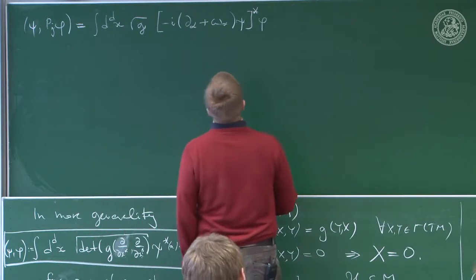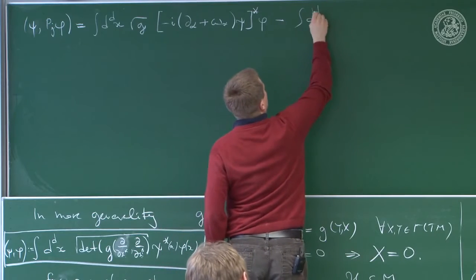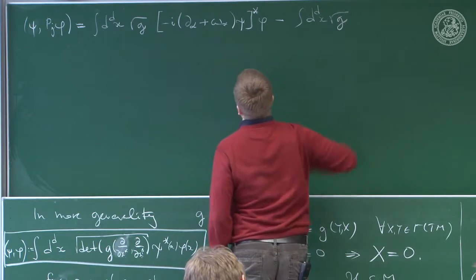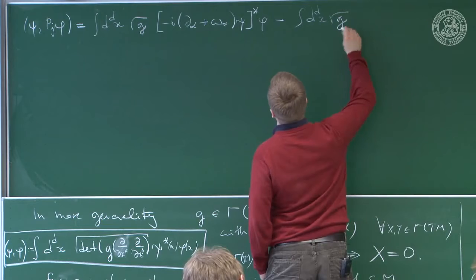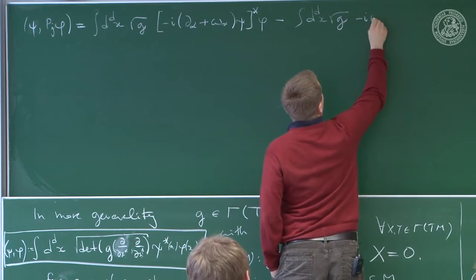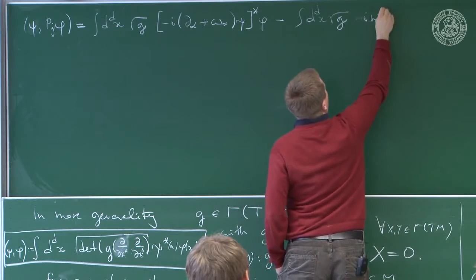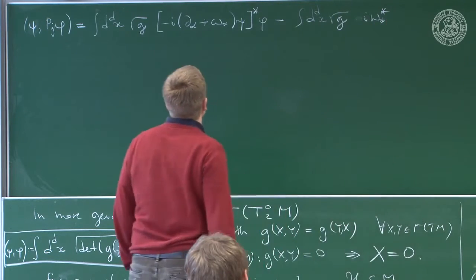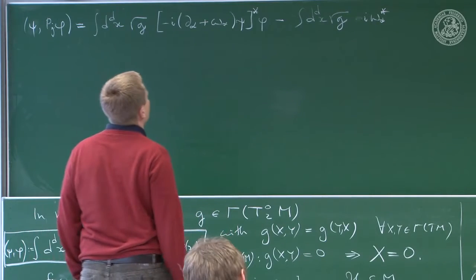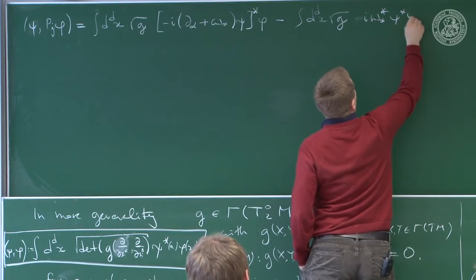We need to compensate for this term, so we need to subtract what we added: d^n x square root of the determinant of g, and we added minus i omega alpha, but the whole thing starred, so we added this, psi star phi.